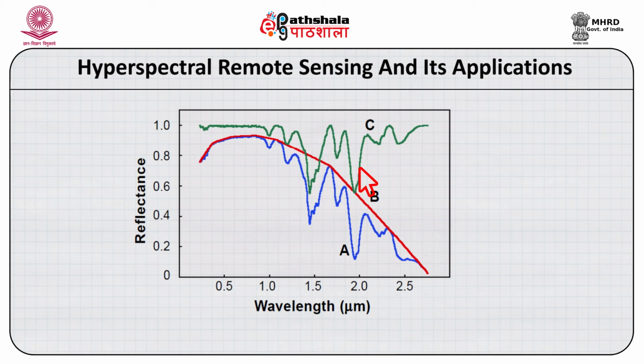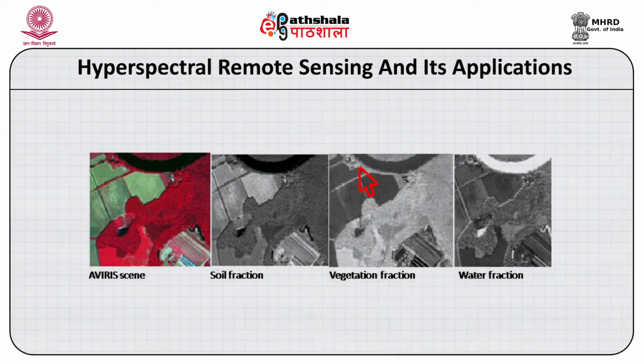Now we have spectral unmixing. Since we are using n number of bands, there is a chance that features may mix. For that we have the linear unmixing technique. If you see figure 12, the scene on the left side is the AVIRIS scene in the visible infrared region, then on the right side we have the soil fraction, the vegetation fraction, and the water fraction.